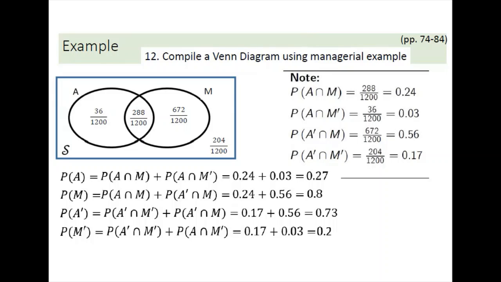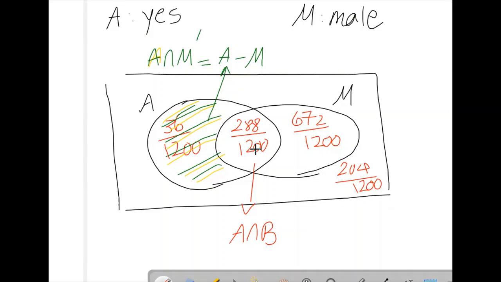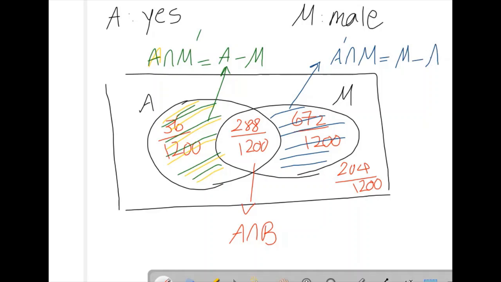So A prime intersection M is M minus A, just M.